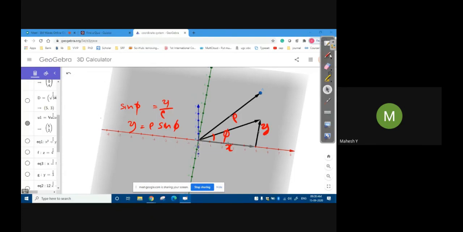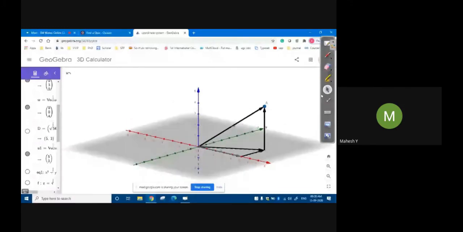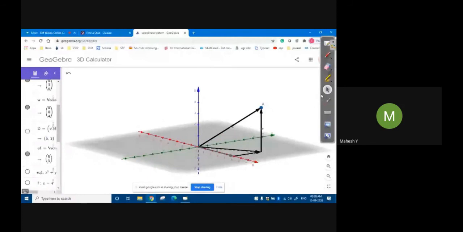Let me draw it here. Okay, so this is the right angle triangle I have. This is R, this is Z, this is rho.